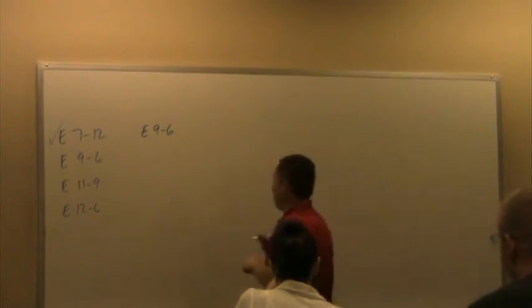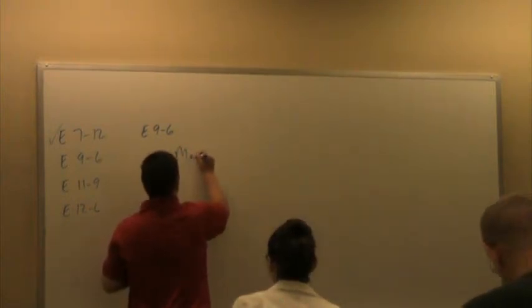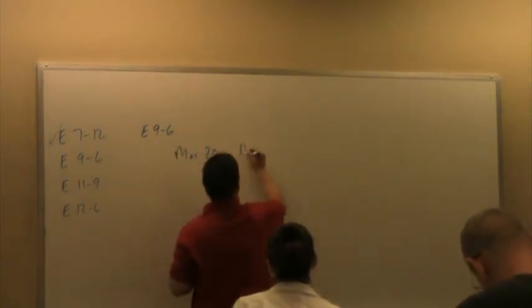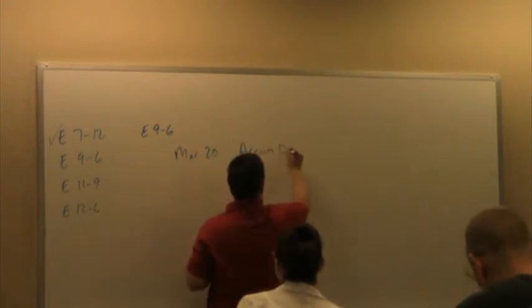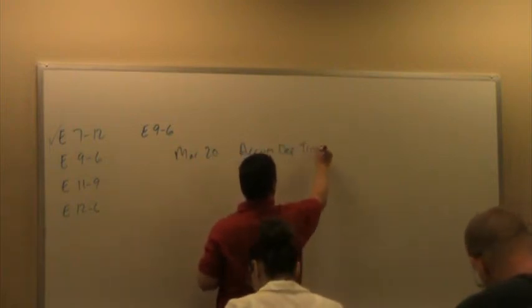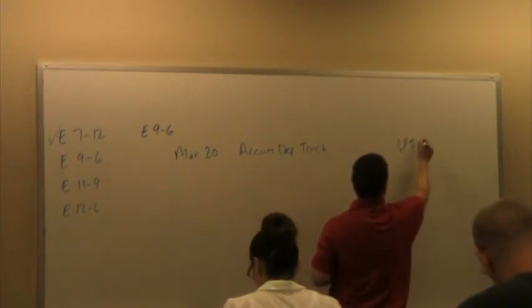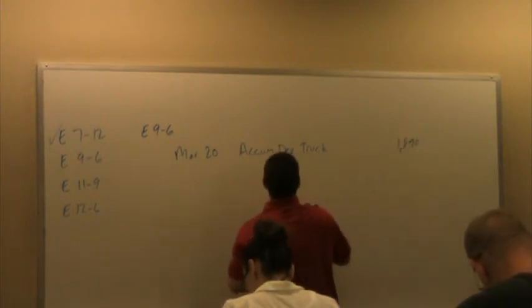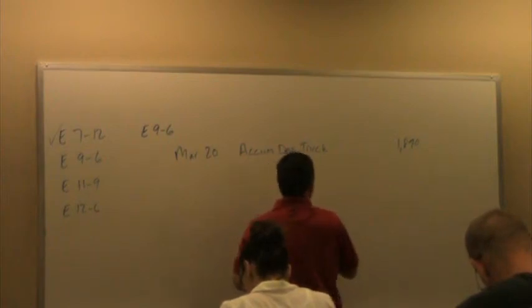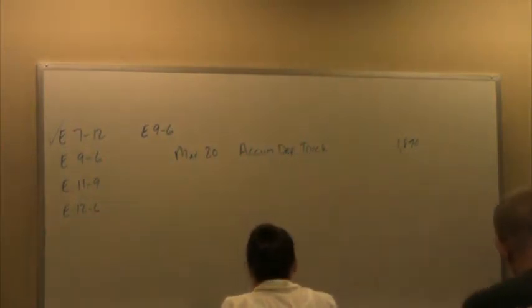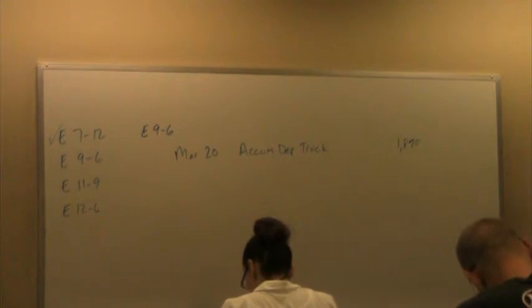Okay, so on March 20th, we have accumulated depreciation on the truck. That's what we're going to take this to. So we have 1890. All right. And then what do we pay out to do this? Cash.